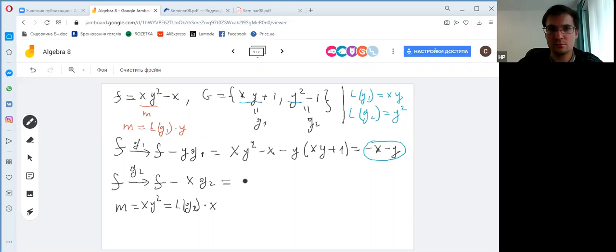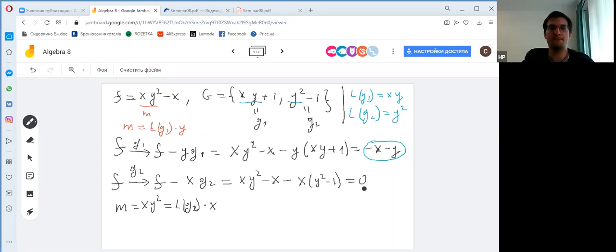So we say that it is x y squared minus x multiplied by y squared minus 1, and it is equal to just 0.